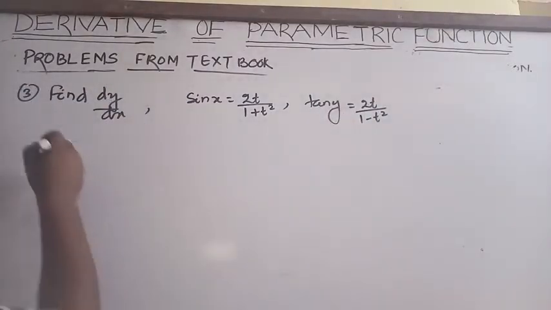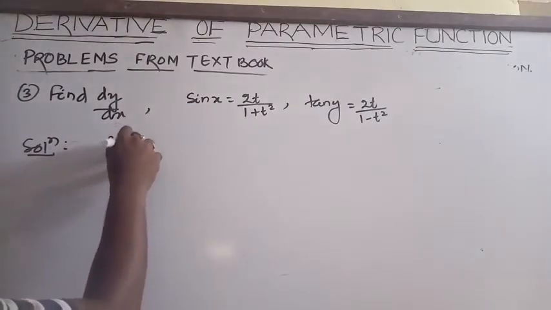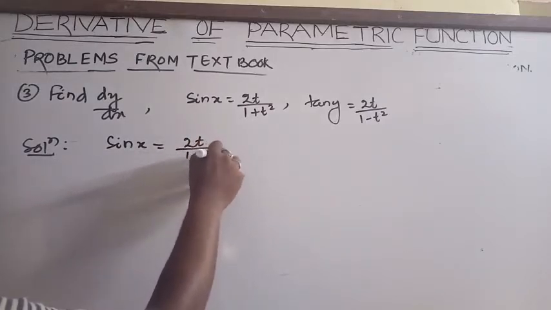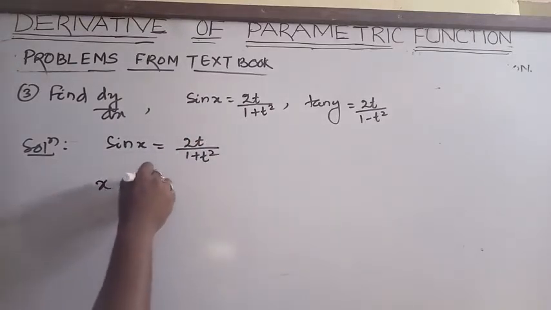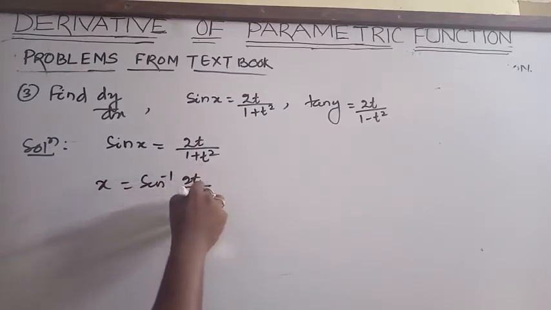So the solution: sin x is equal to 2t by 1 plus t square. So x is equal to sin inverse of 2t by 1 plus t square.